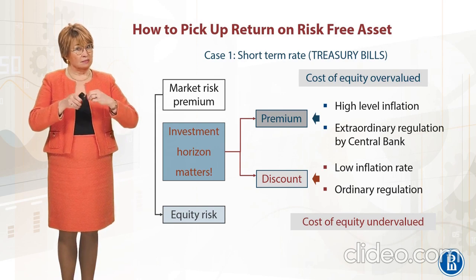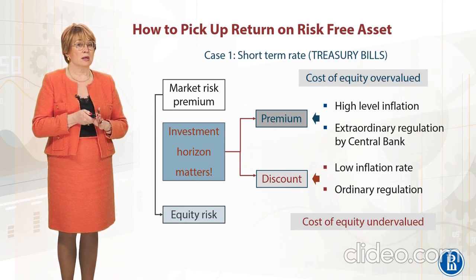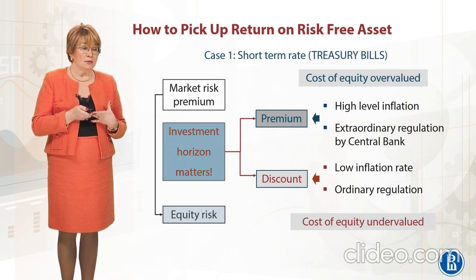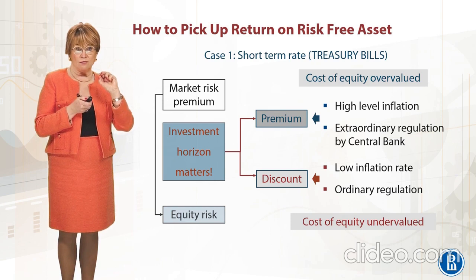So if this is the combination, case number one, high-level inflation, then we should understand that the market risk premium will include the so-called premium for investment horizon.